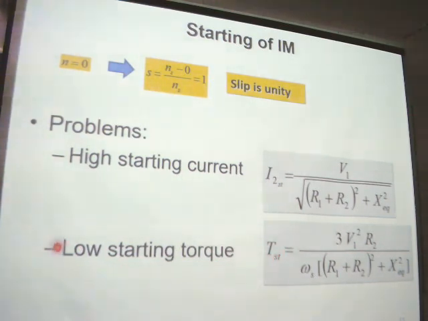If we have a low torque, it can't overcome the friction, so it will not start the induction machine. So we want to have high starting torque but lower starting current, and we hope for that situation. But this is the real situation. So we have to find some methods to overcome this problem.